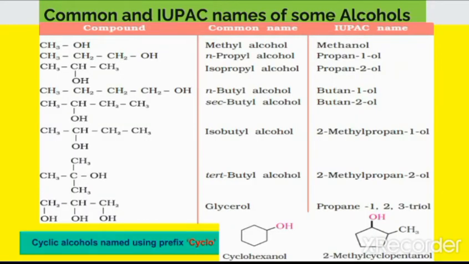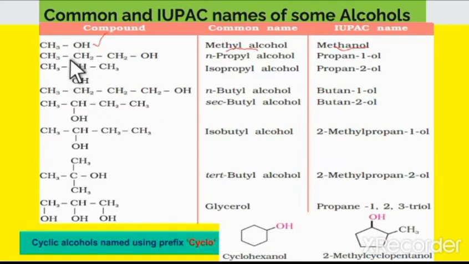This way we can write the IUPAC names for alcohols. There are some common names as well as IUPAC names of some alcohol compounds, as given below. Here you can see some of the common and IUPAC names of alcohols. The first one is CH3OH. This compound has the common name methyl alcohol, where the IUPAC name is methanol.